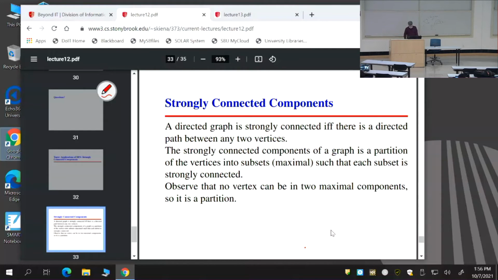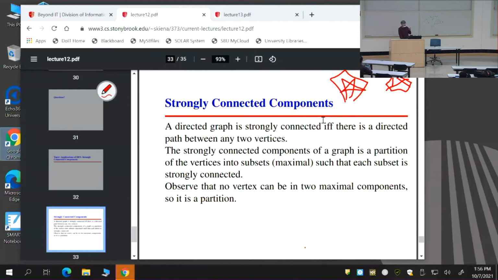Now, one problem that is important is finding strongly connected components of a graph. What is a strongly connected component of a graph? A strongly connected component is one where there exists a directed path between any two nodes. When we talked about connected components of undirected graphs, remember we had this idea that here was the United States, and here was Europe, and the road networks were separate components.